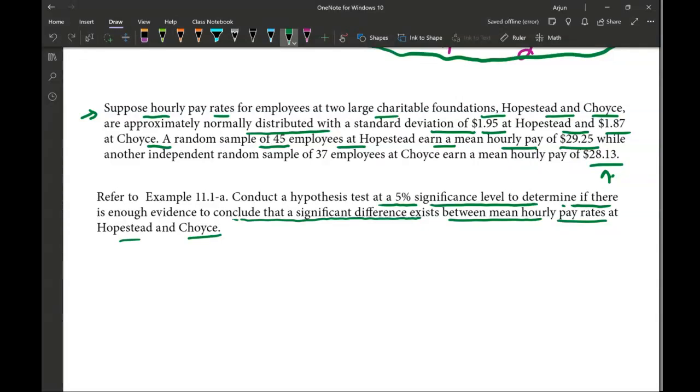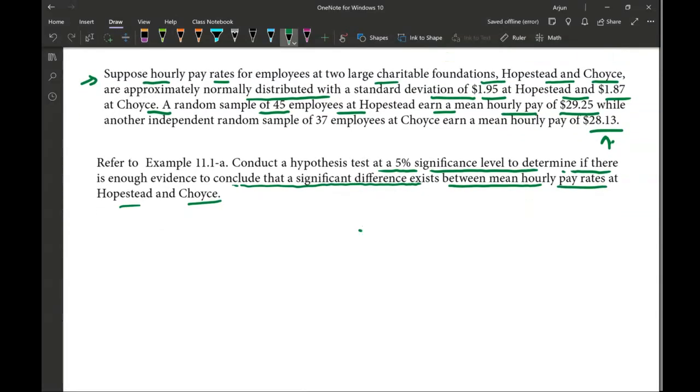So as I said earlier, we wanted to compare the two means. So there is mean one for population one, and for population two, there is another mean two, and we wanted to figure out whether they are equal or not. Another thing we can also figure out is if mean one is greater than mean two.